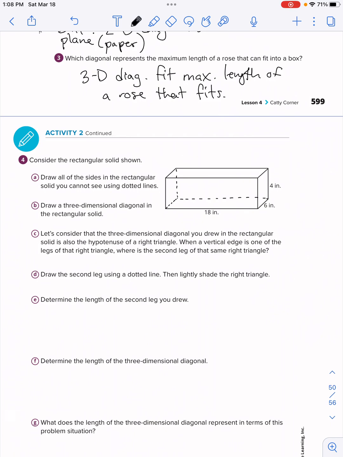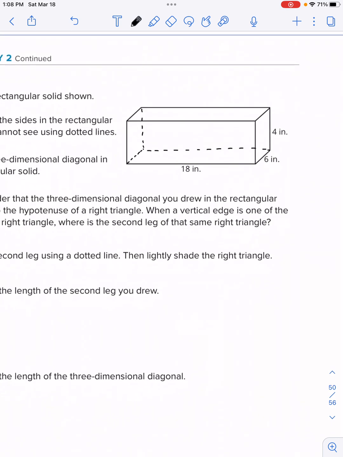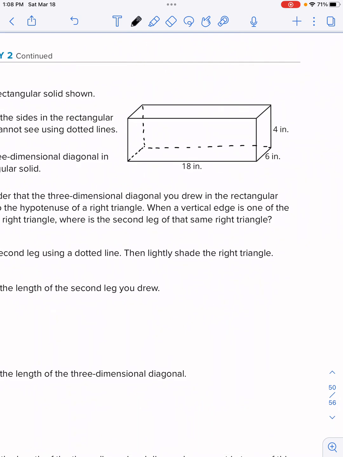B, draw a 3-dimensional diagonal in the rectangular solid. So I have to pick opposite points in this box. Let's say right here, this is back, right, and downward. We're going to go with all the opposites.